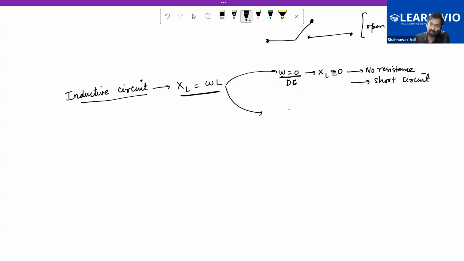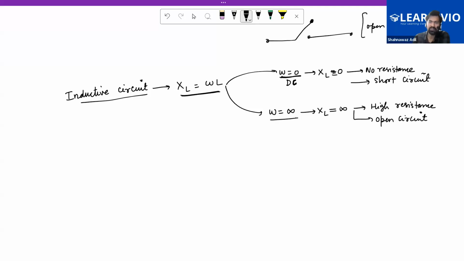But let's say if you have omega which is infinity, then XL is also infinity. Then you will have high resistance, then you will have an open circuit, right?